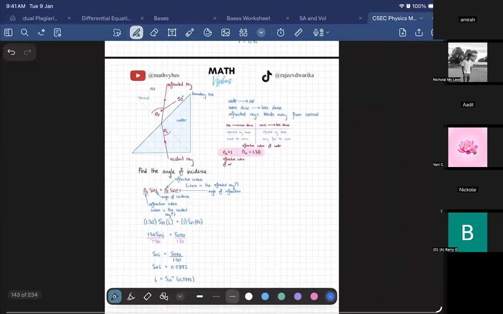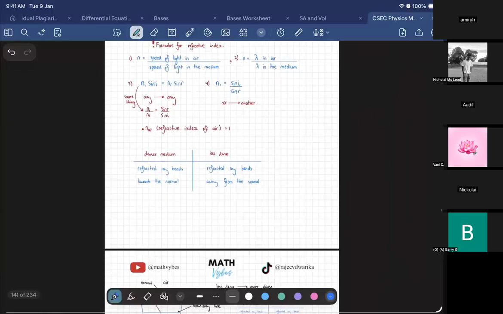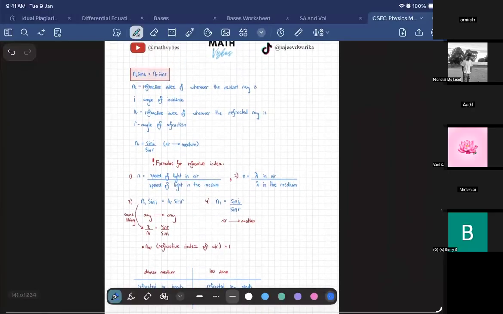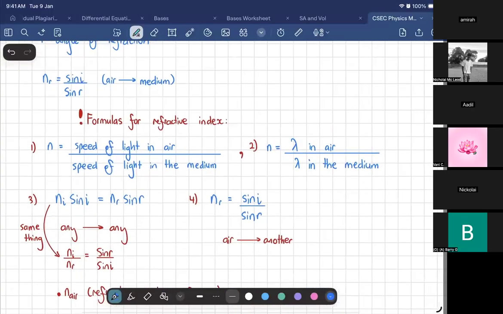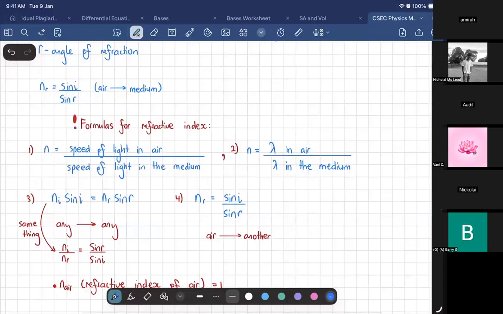In one of the classes, we went through all the formulas you need to know for refractive index. n is equal to speed of light in air over speed of light in medium. n is equal to wavelength in air over wavelength in the medium. Ni sin i is equal to Nr sin r. We love that one. And number 4, Nr is equal to sin i over sin r.